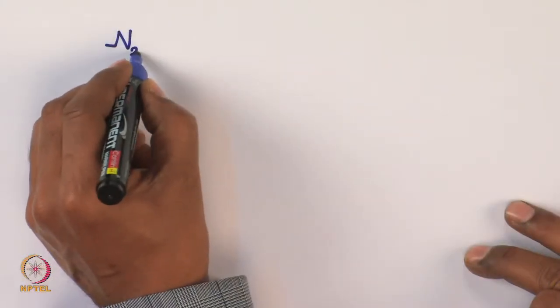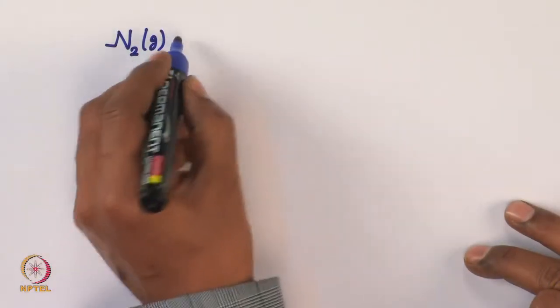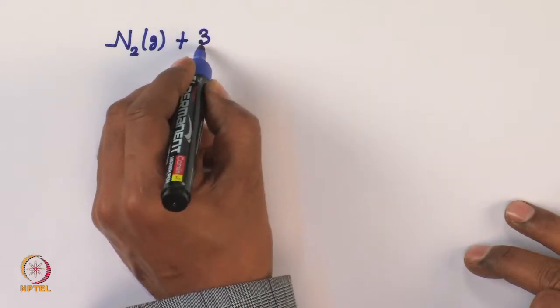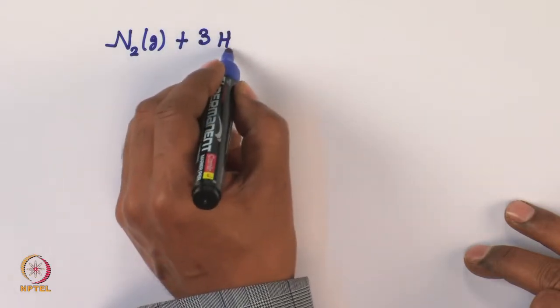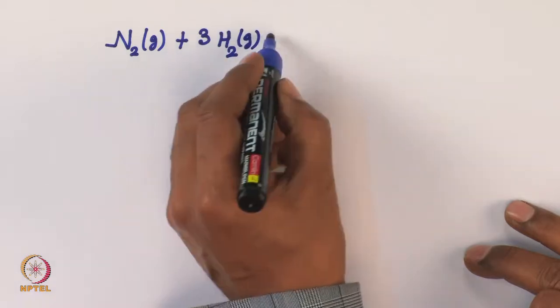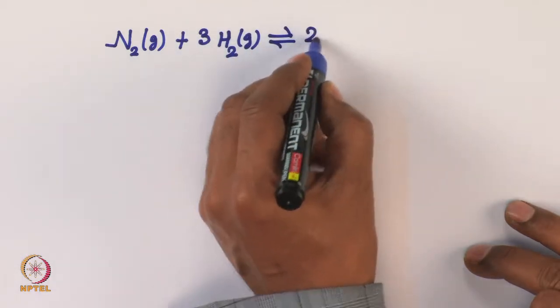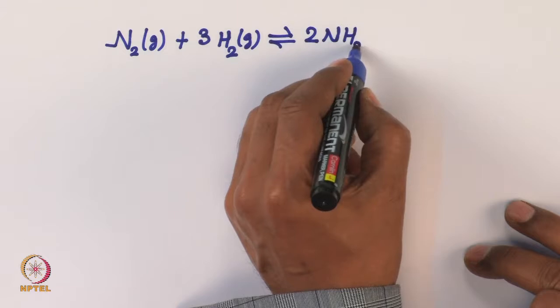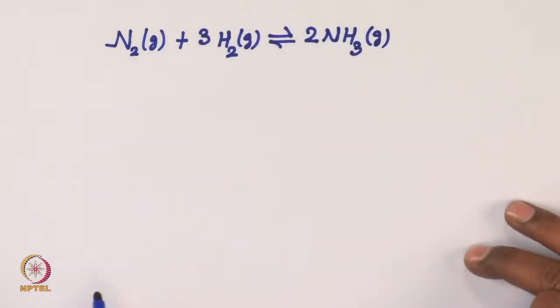So, in order to discuss the effect of pressure on the composition, first I will write the equation: nitrogen plus 3 hydrogen forms 2NH3 gas.